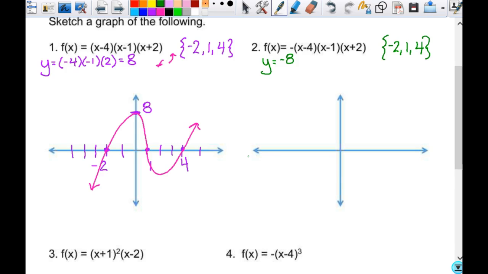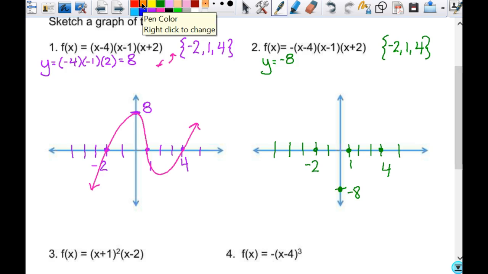So I can go to negative 8 down here, and then 1, 2, 3, 4, 5, 1, and 4, and negative 2. Okay. End behavior, this is a degree of 3 with a negative leading coefficient. So what does it look like?